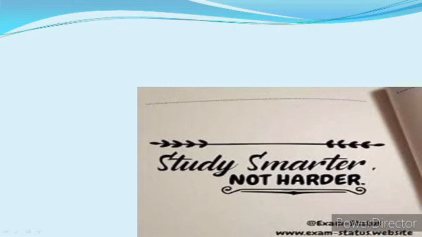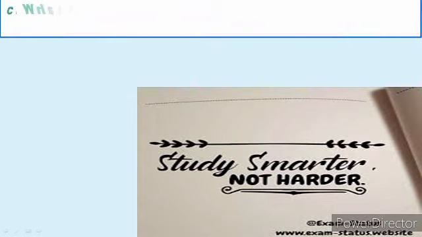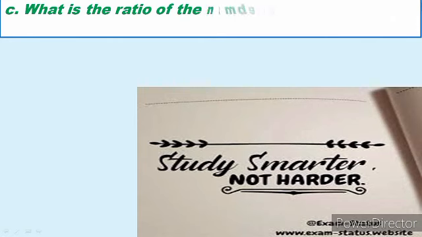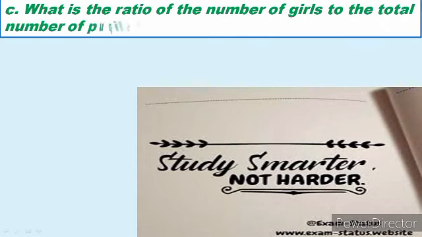Now I'm going to treat another sub question. This sub question says, what is the ratio of the number of girls to the total number of pupils? Remember that the number of girls was 15, while the total number, 15 plus 25, gives us 40.